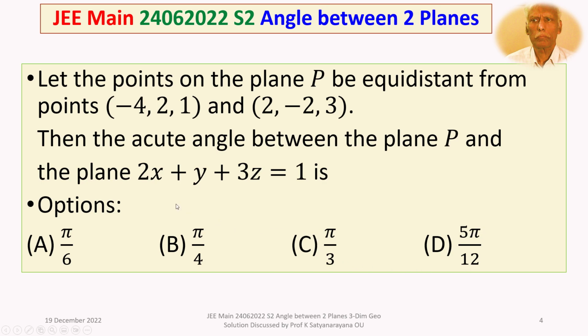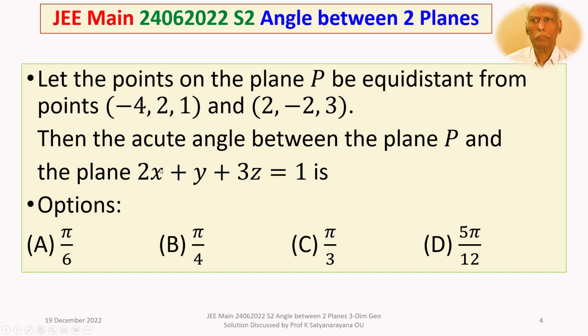So we are given a plane P, and the points on the plane P are equidistant from two points. The first point is (-4, 2, 1), and the second point is (2, -2, 3).